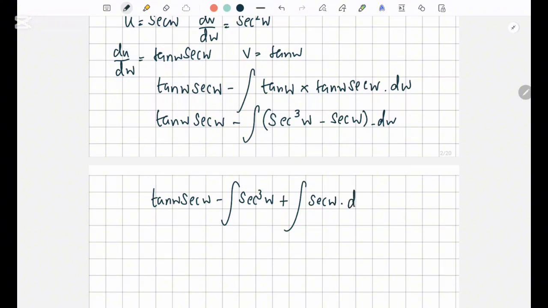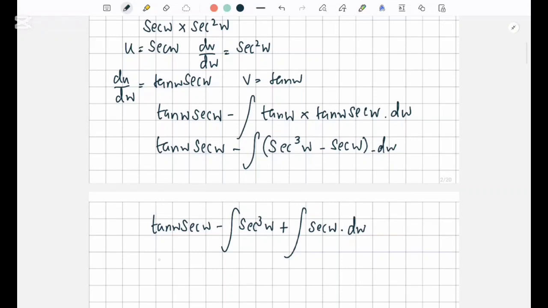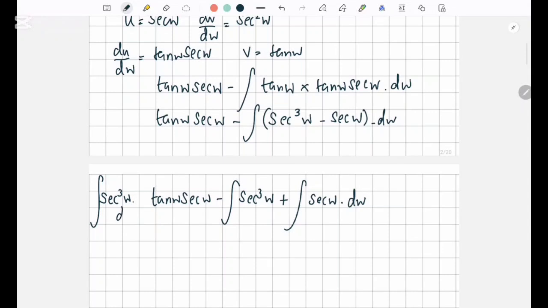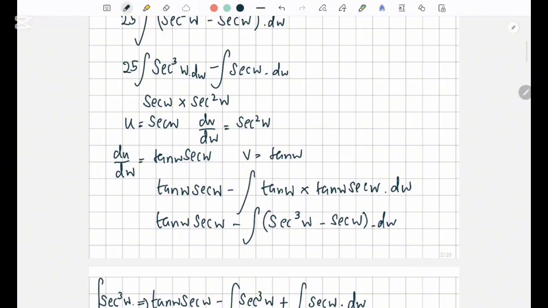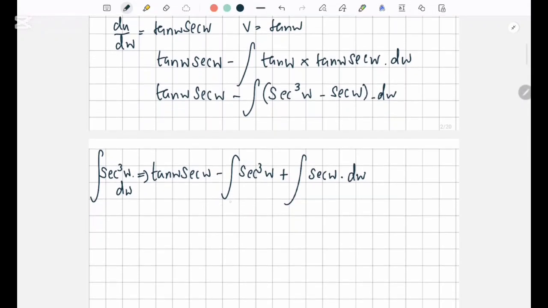Now don't get confused, because this is the integral of sec cube w. Alright, so sec cube w equals this right here. I still didn't add this part into our integral, so we'll keep that there for now. Since we have minus sec cube w on the right side, we could take it onto the left side, right?